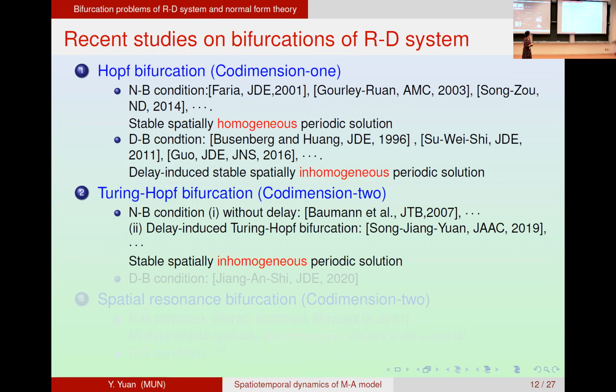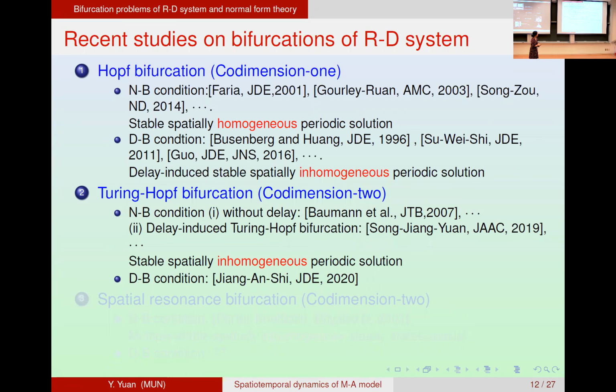Because it is Turing-Hopf, we are more interested in the stable spatially inhomogeneous periodic solution. The difficult one is the derivative condition.